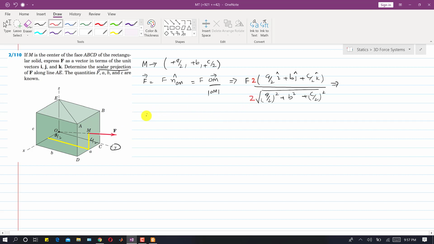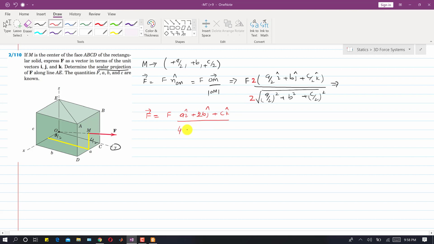Then when we multiply the numerator by 2, it will be A I plus 2B J plus C K, right? And here if this 2 goes inside the root, it becomes 4, right?